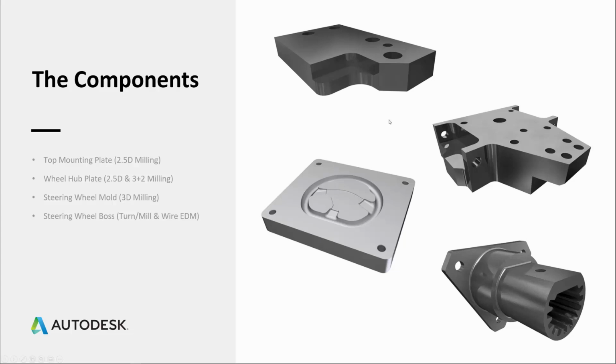We then moved on to a 2-op part with our wheel hub plate, in which, again, we just used that same 2.5D feature recognition, that time using interactive feature recognition, but then added on to that an additional operation in which we used 5-axis positional machining, very similar to our 2.5D process, with the added step of having various setups defining our different tool axes for 5-axis positional machining.